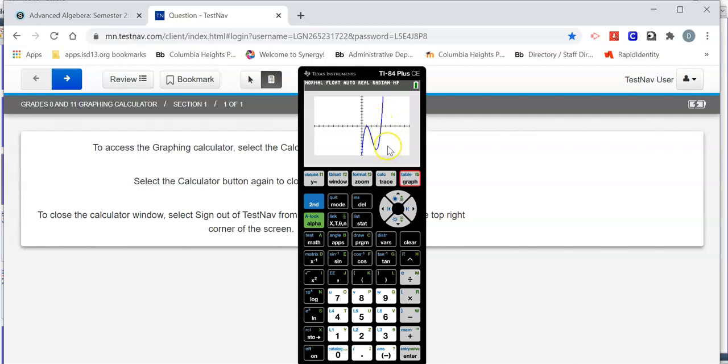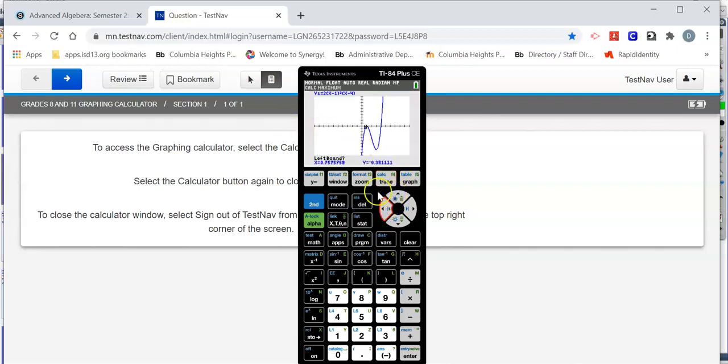So our job is to figure out two things, the local maximum and the local minimum. So I'm going to go ahead and hit the second key, hit calculate. And then it doesn't matter which point you calculate first, you can calculate the maximum or minimum. I like working left to right, so we'll calculate that local maximum first.